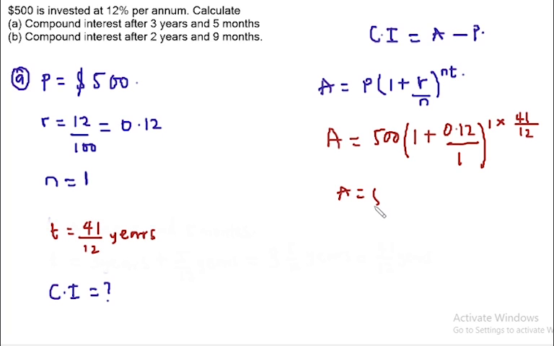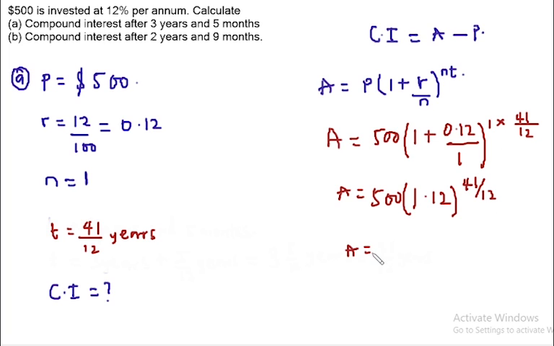So this is equal to 500 open bracket 0.12 divided by 1, which is still 0.12. We have 1 plus 0.12, which is 1.12, to the power of 1 times 41 over 12, 41 over 12.